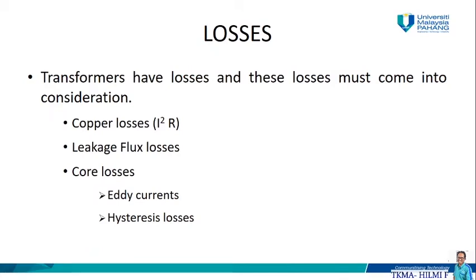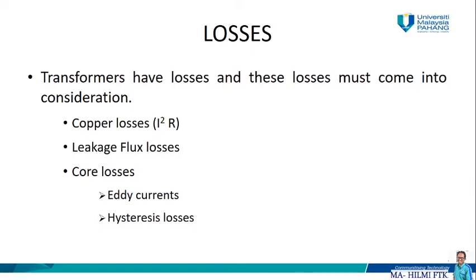So in real life, the transformer is going to have losses. It is not going to be ideal. We are going to have power loss somewhere in the circuit of the transformer, and these losses must be taken into consideration while we are calculating for our transmission of electric power and so on.